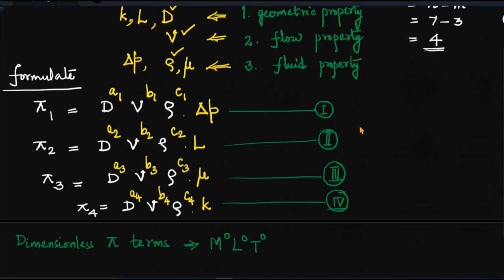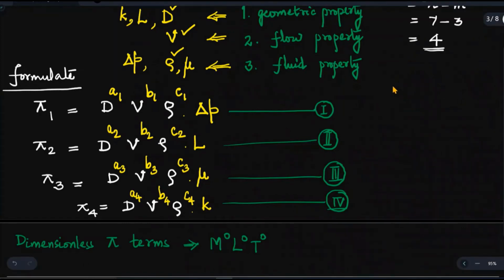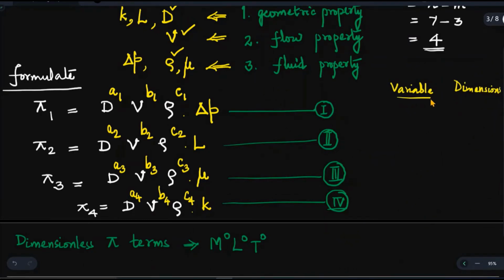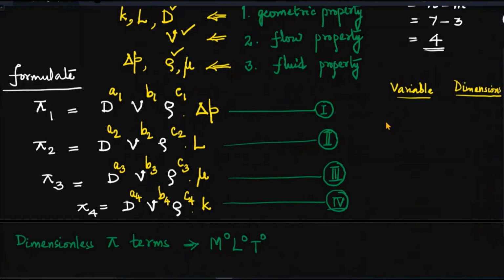So M raised to 0, L raised to 0, T raised to 0 is the dimension of each pi term, meaning dimensionless. And on the other side, your objective is to find out each variable and the corresponding dimension. In one of the previous classes, I have written down the dimensions of most of the fluid properties, flow properties, geometry properties, etc.